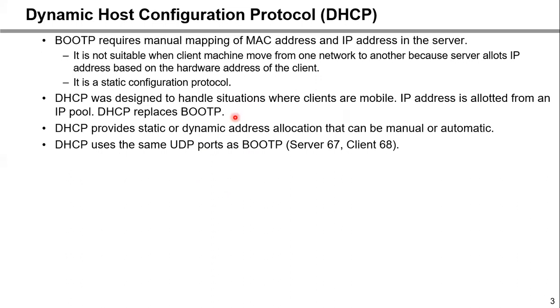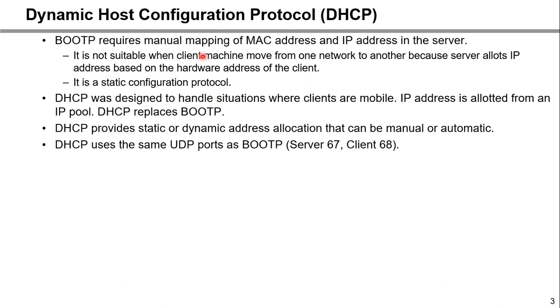So for that, each machine should first get an IP address automatically, because they have not installed an operating system, so you can't configure the IP addresses in any way. So BOOTP actually helps assign the IP addresses automatically.